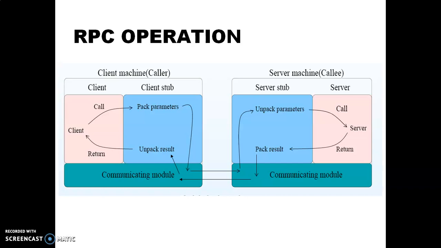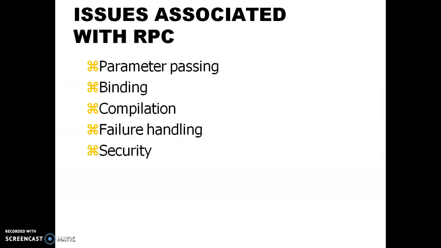The result is again packed by the server stub and sent to the client stub at the client end. The client stub unpacks the result and the unpacked result is provided to the client for use.